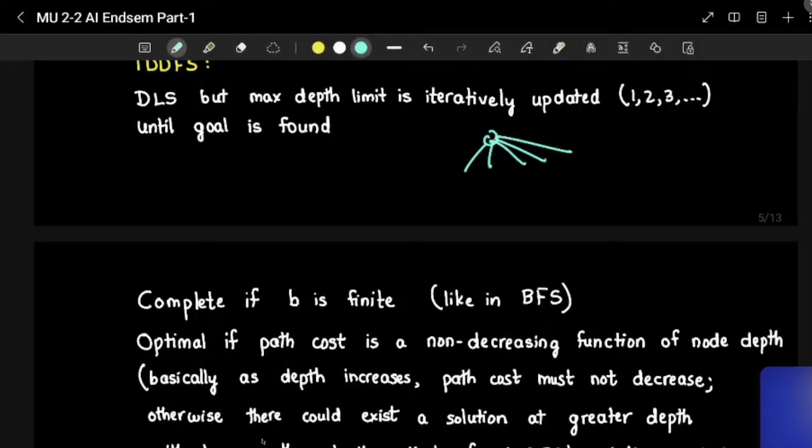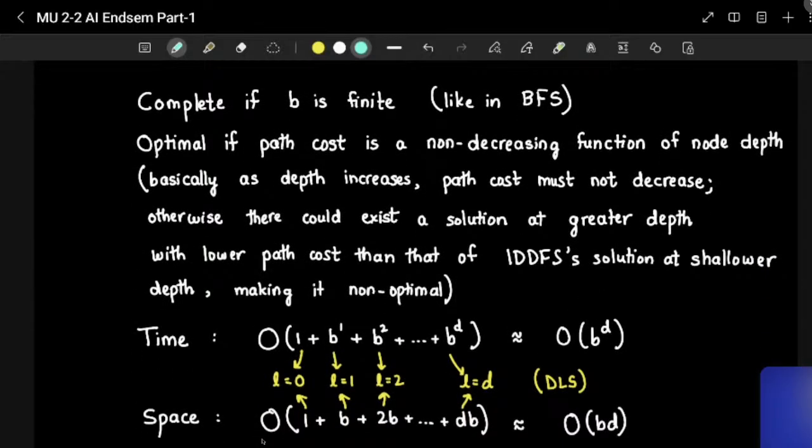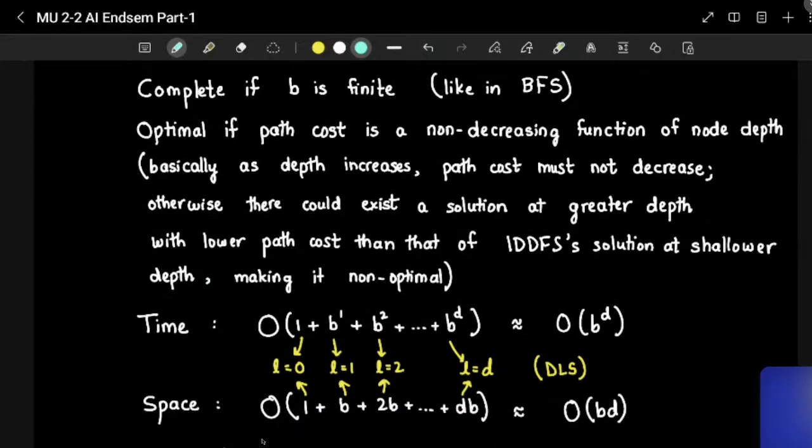Let's say the root node itself has infinitely many children, then DFS will keep going on. It will never end. So again, what is complete? Complete is basically if the solution exists, then it should be guaranteed that the algorithm returns the solution. If it doesn't, then it's not complete.